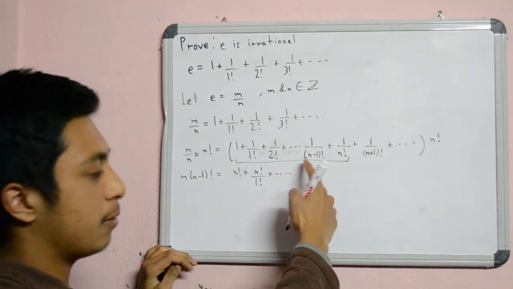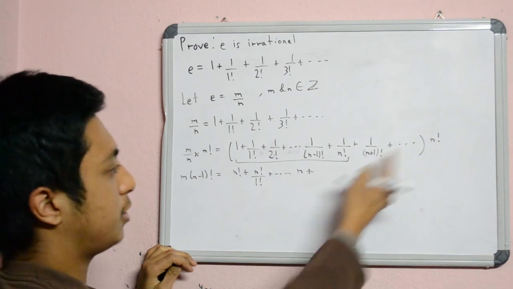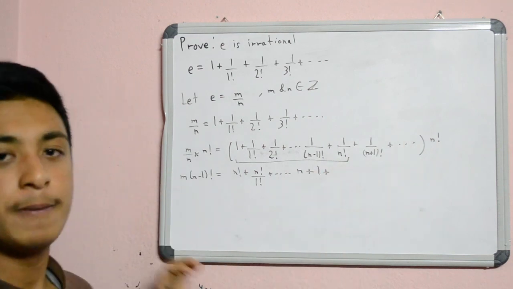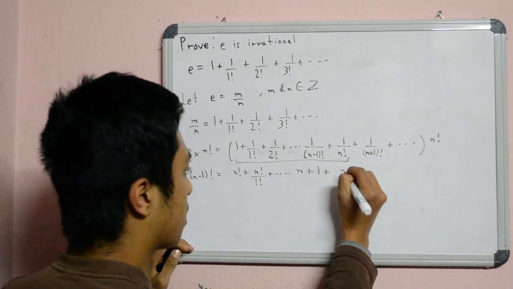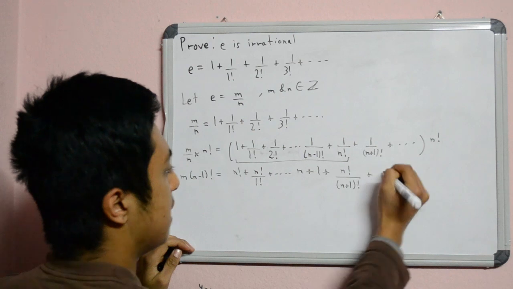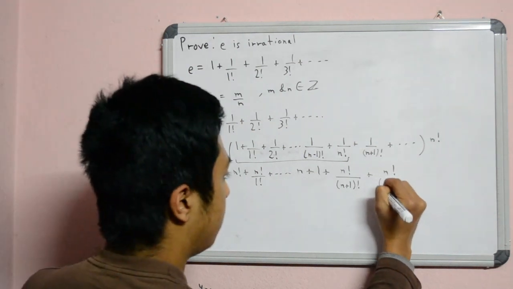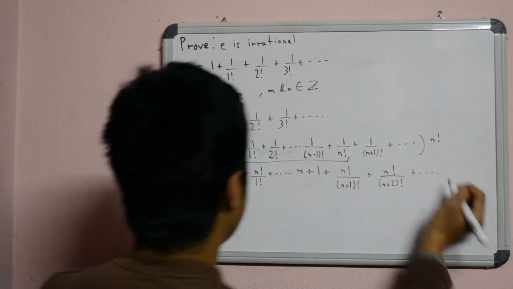Here you'll have n factorial by (n minus 1) factorial, which is just n plus 1 plus, now this is when it starts to get interesting, because right here you'll have n factorial by (n plus 1) factorial. The next you have n factorial by (n plus 2) factorial and so on.